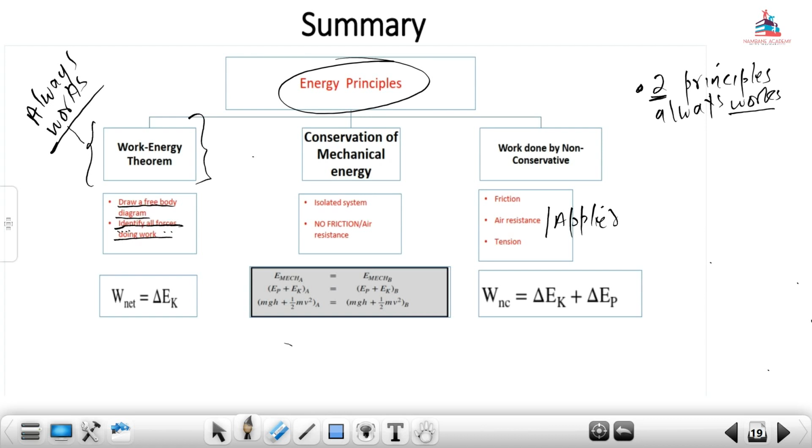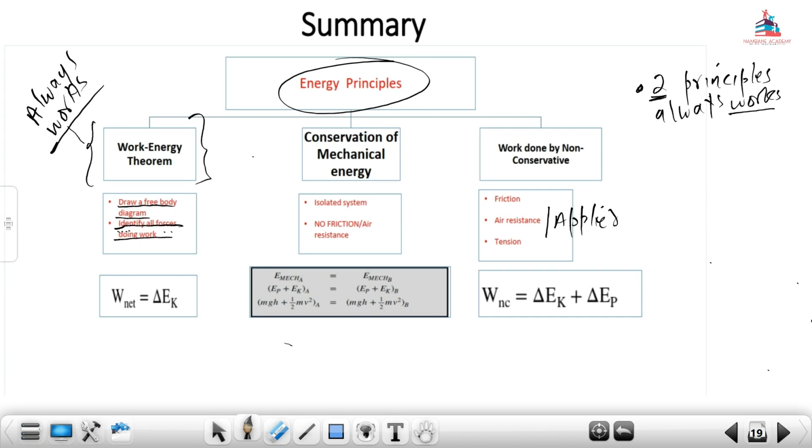Thank you very much. Now, work energy theorem always works 100%. And if I have identified my forces and I find that I have friction as one of the forces when I'm working with work energy theorem, then it basically says I cannot use conservation of mechanical energy.